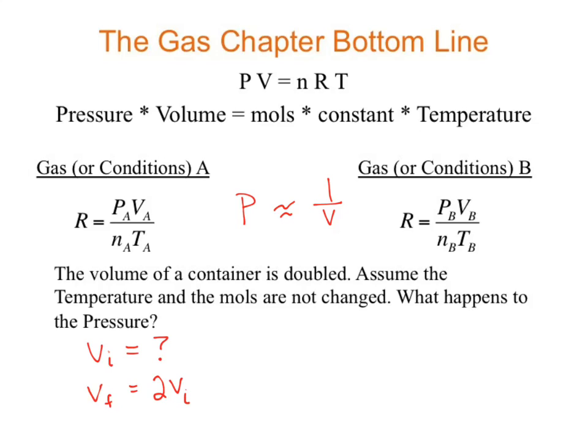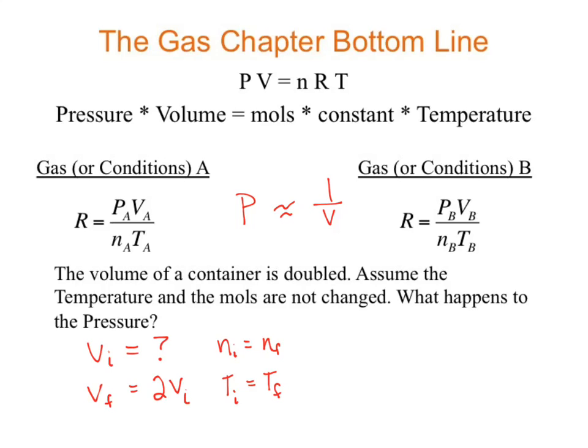Okay. Assume our temperature and moles are not changed. What does that mean? N initial equals N final. Oops, not volume. Temperature. Temperature initial equals temperature final.